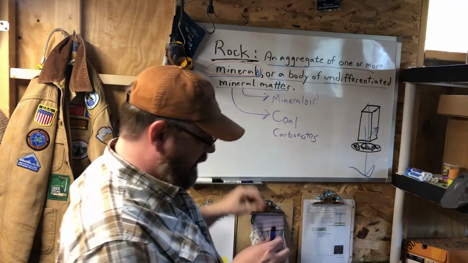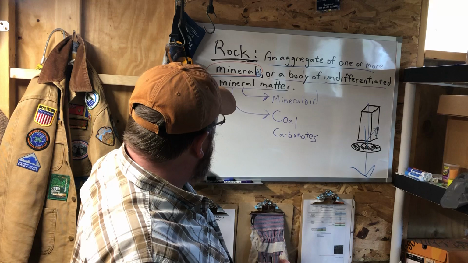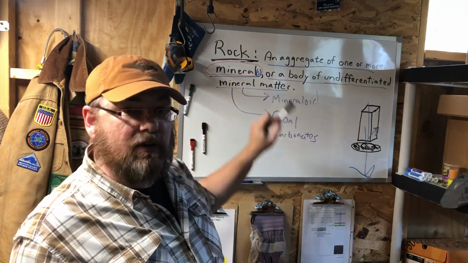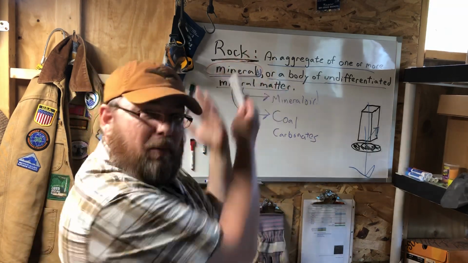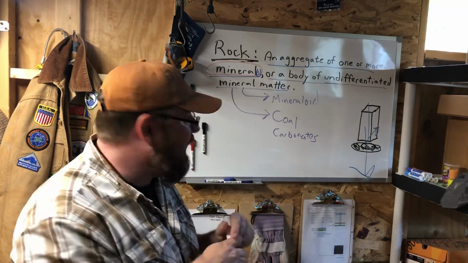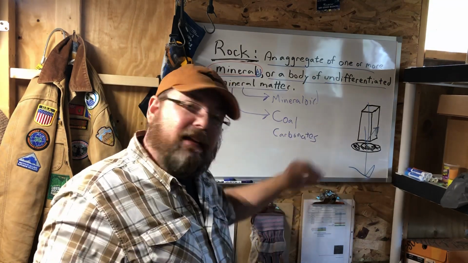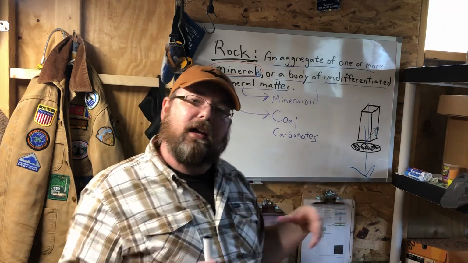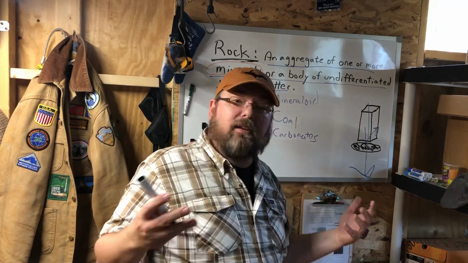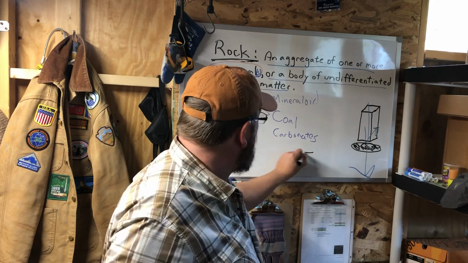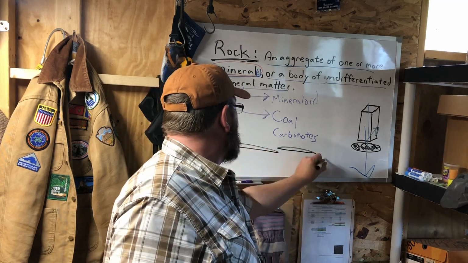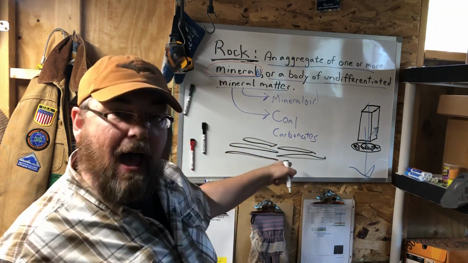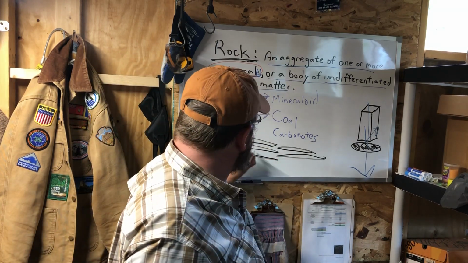I'm going to get to solidus and liquidus. All right, coal, or a body of undifferentiated mineral matter. What does that mean? Well, matter of mineral beds, grains, stuff like that: clay, silt, fine sand. Even though coal is mostly dead plant material, it gets compacted. This is your plant leaves, ferns, whatever they are. They get compacted, but there's other stuff in between.